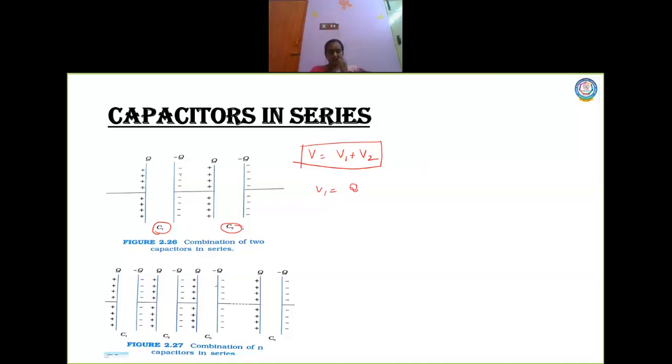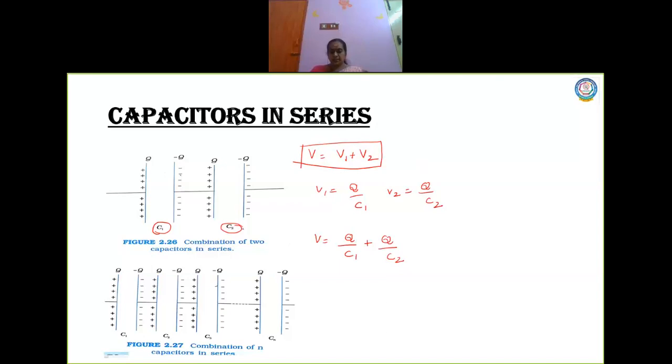So I am going to write the formula for V1 as Q by C1 and V2 as Q by C2, right? Now substitute here. So now the value of V will be Q by C1 plus Q by C2, right?